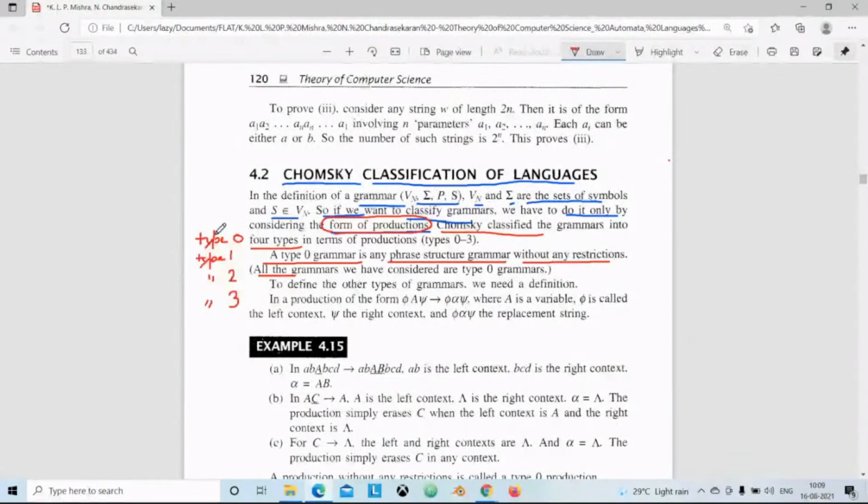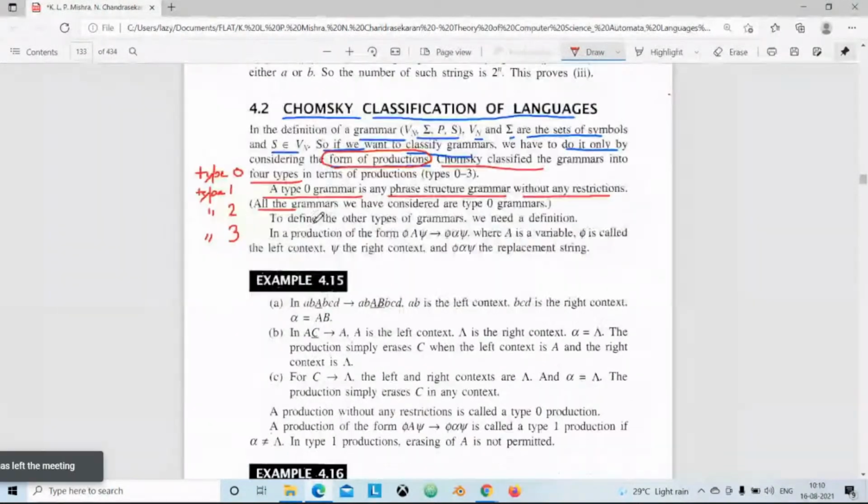To define the other types of grammar, we need a definition.